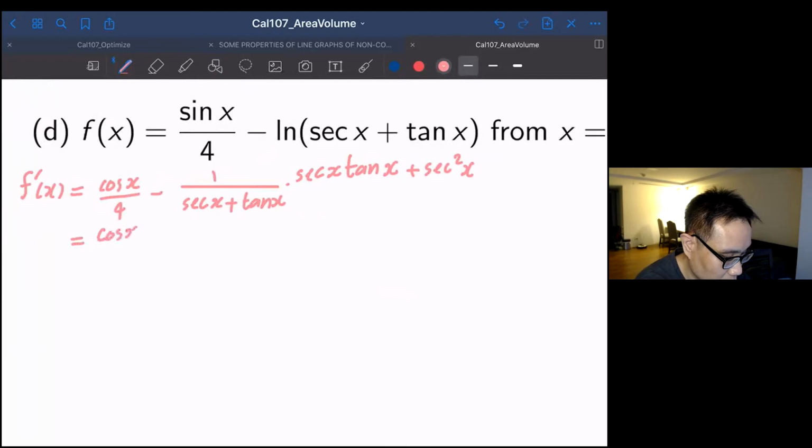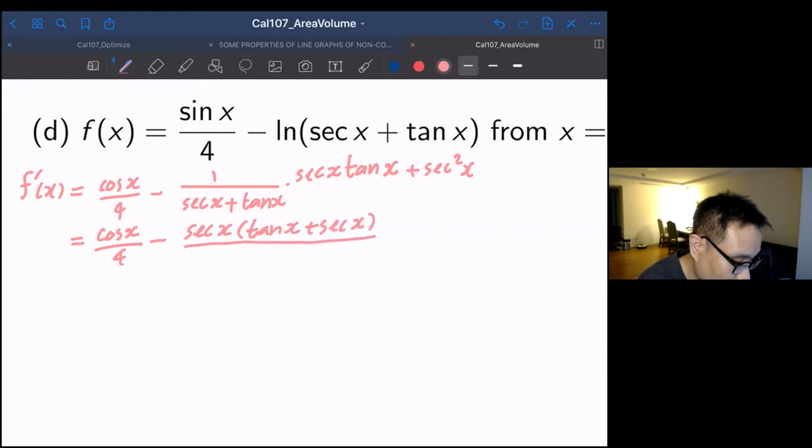You get cos x over 4 and you pull out sec x, so you get sec x times (tan x plus sec x) over (sec x plus tan x).